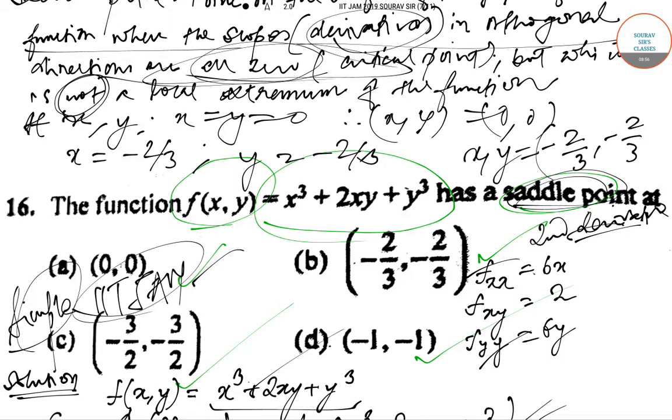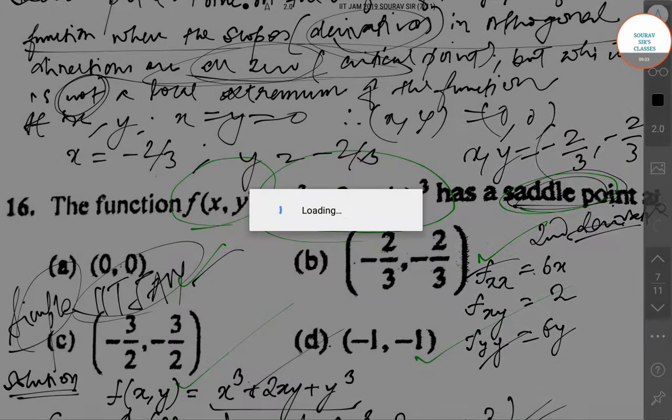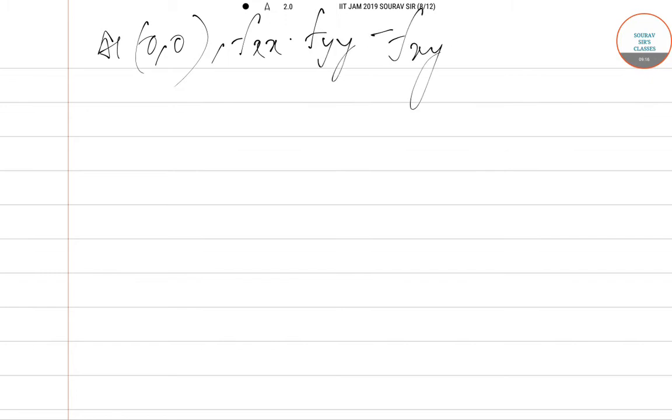Now at 0 0, f of xx into f of yy minus f of xy whole square, this is our second order condition, if you can remember in our math eco problem as well, is equal to 0 minus 4, that is minus 4, which is less than 0.